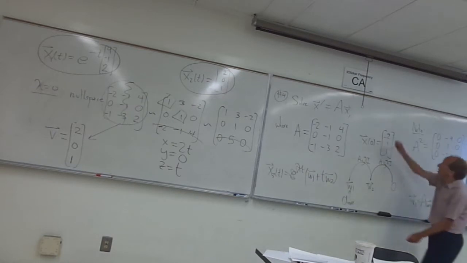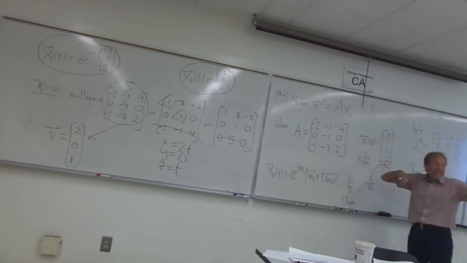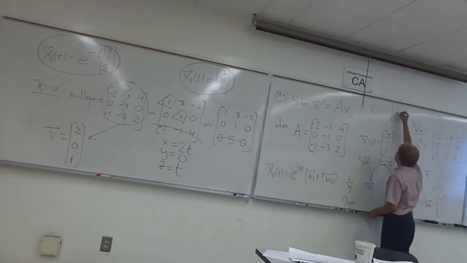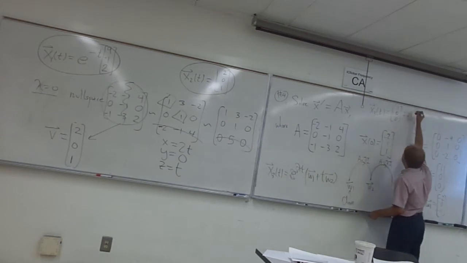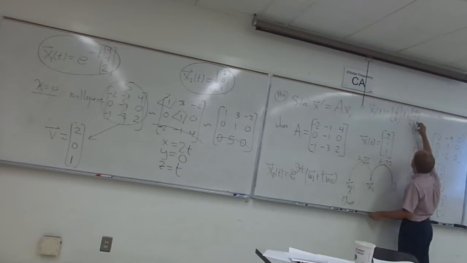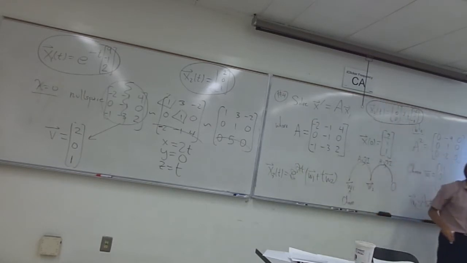Okay? So x3, we're ready for the answer. x3, there is no e to the lambda t. All we have is W1, 0, 0, plus t times W2, which is negative 2, 0, negative 1. That guy right there.